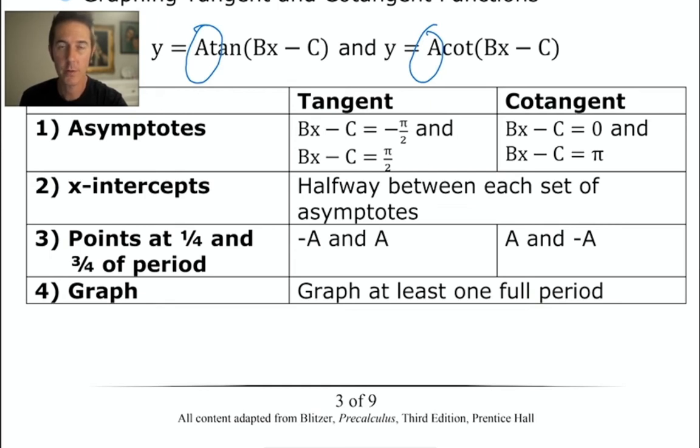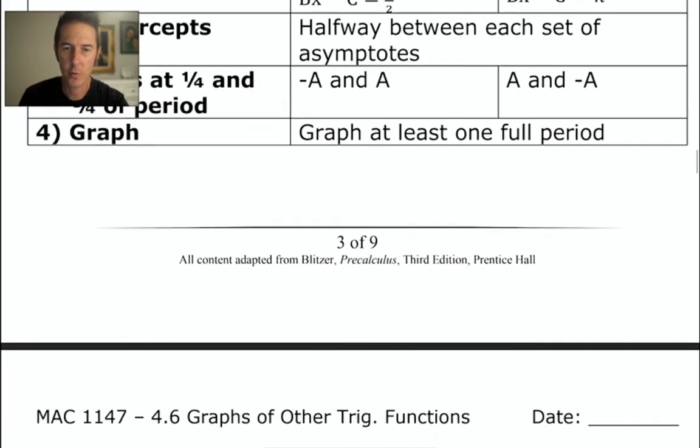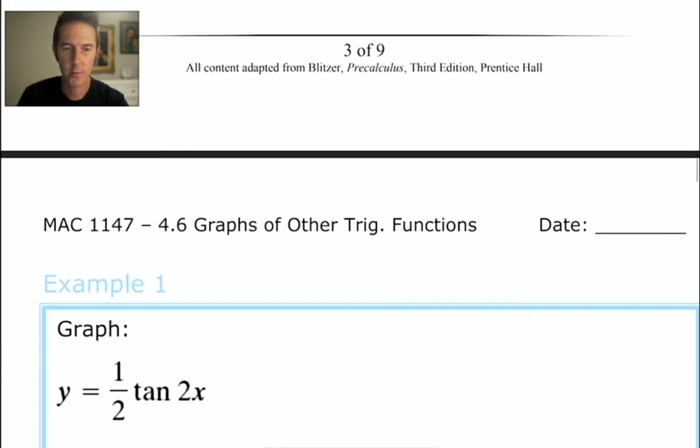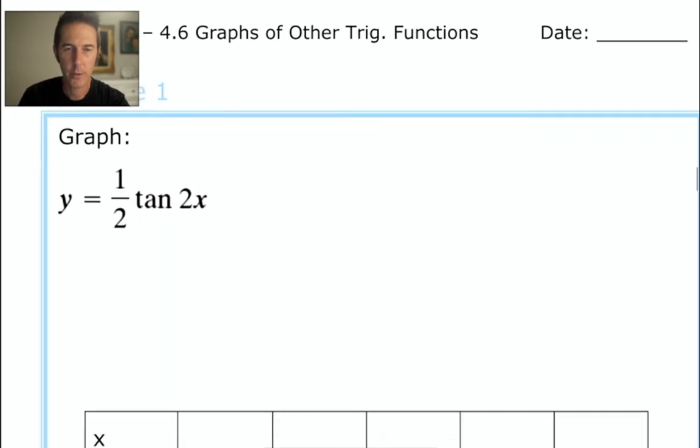And the y coordinates that we've worked with so far for these two graphs are -1, 0, and +1. Well, if you multiply by 0, nothing happens. But if you take that a value that I just circled and multiply it into those y coordinates, those couple of points are going to change. All right, so we'll see that happen. And we definitely want to graph at least one full period of these functions. So let's see what we can do.